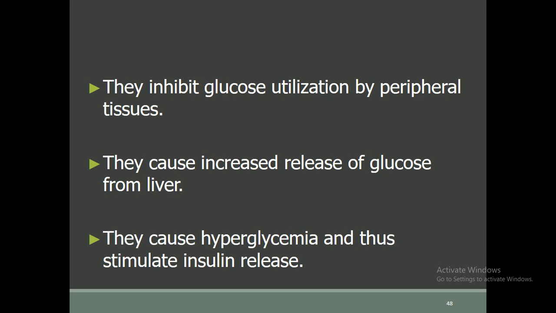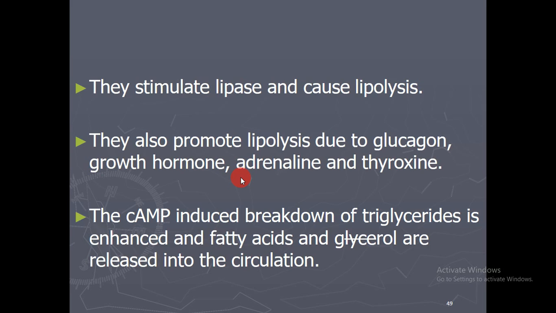These glucocorticoids inhibit glucose utilization by peripheral tissue and increase the release of glucose from the liver. They cause hyperglycemia and thus stimulate insulin release. Glucocorticoids also stimulate lipase and cause lipolysis.